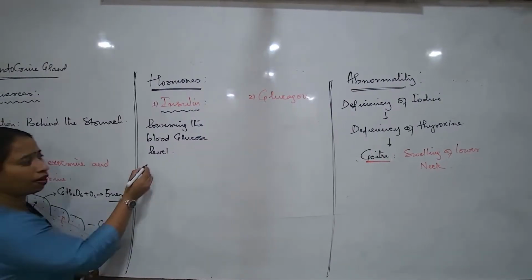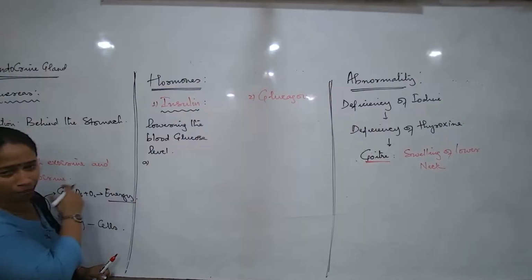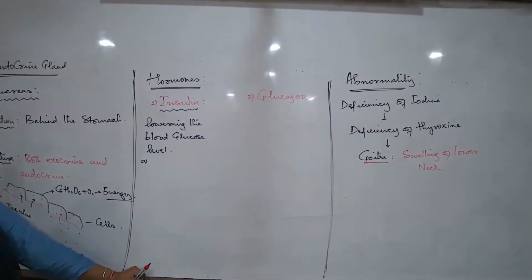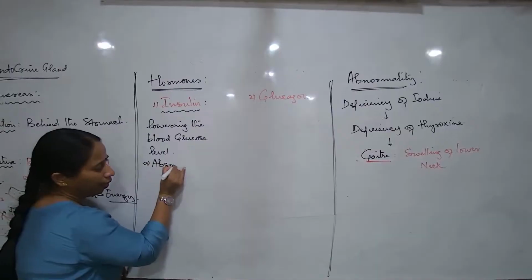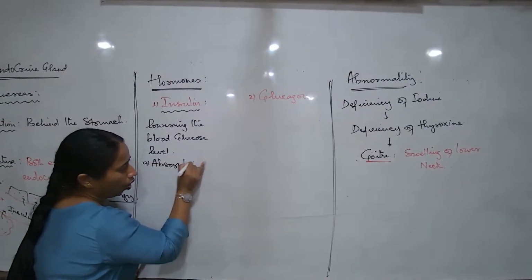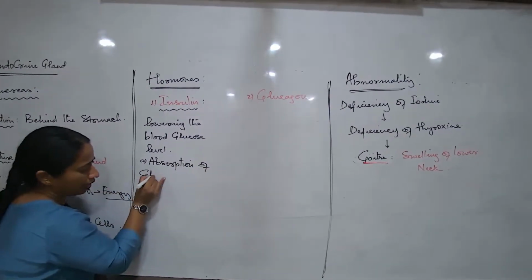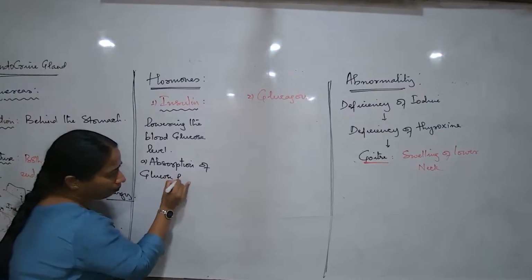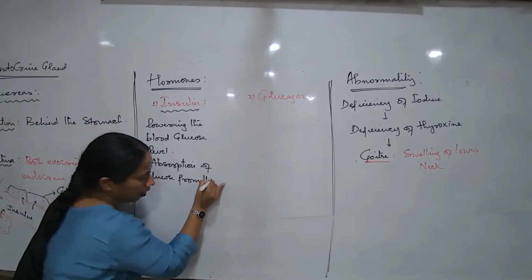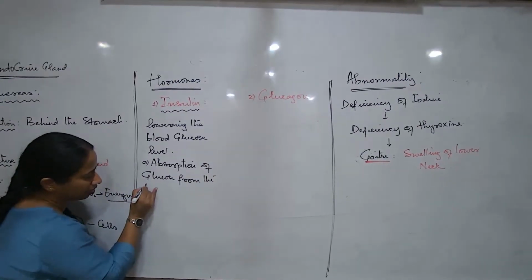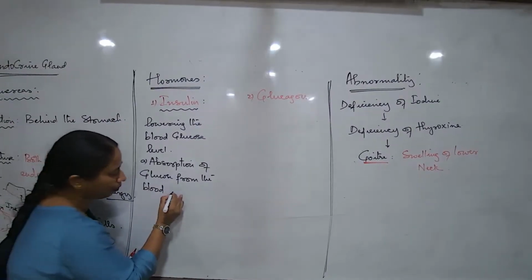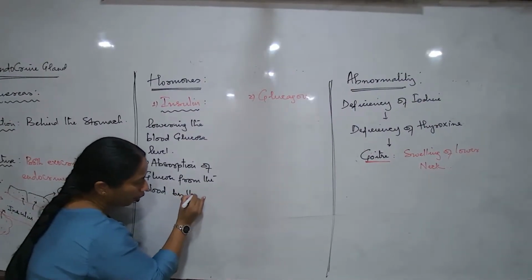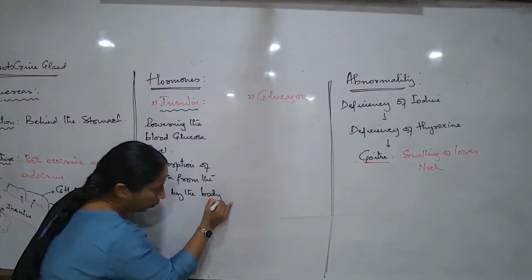But how does it lower the blood glucose level? Two major pathways you are supposed to know. It allows the absorption of glucose from the blood by the body cells. So this is one way.